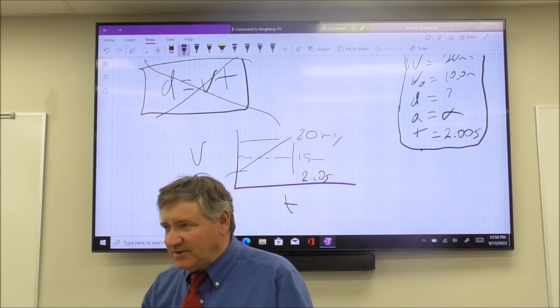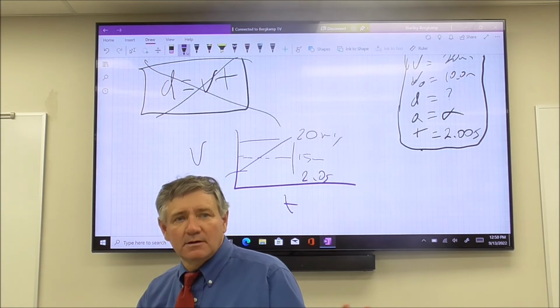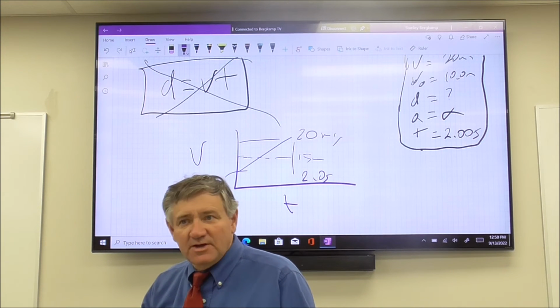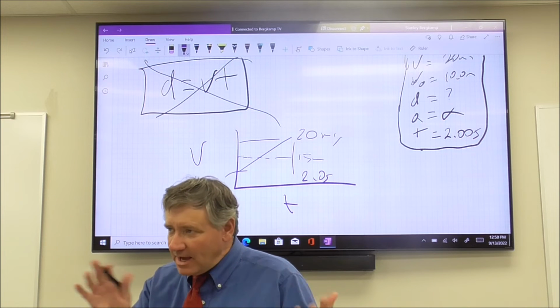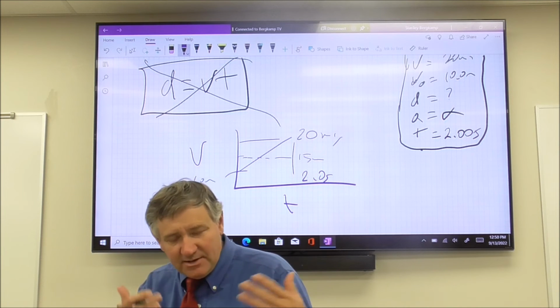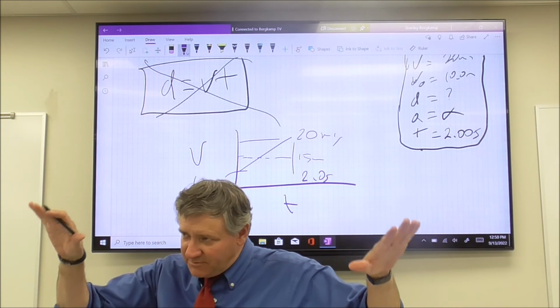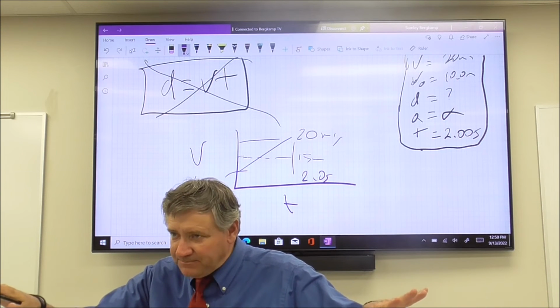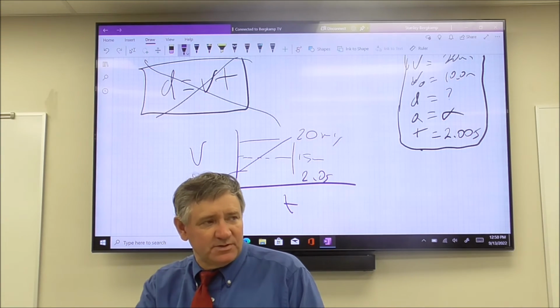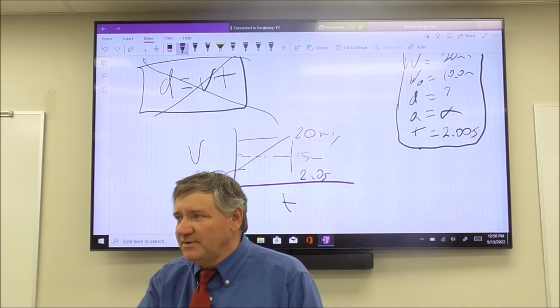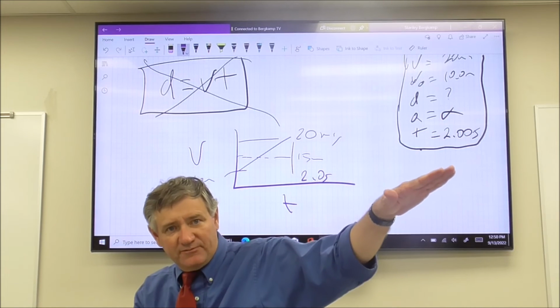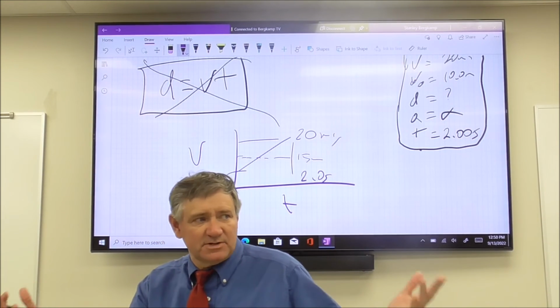For 2 seconds, I take 15 times 2, I get 30. I'm finding the average between 2 numbers, 10 and 20, not average in terms of behavior or personality, but the mathematical concept. So for 2 seconds, I'm going to travel 30 meters.